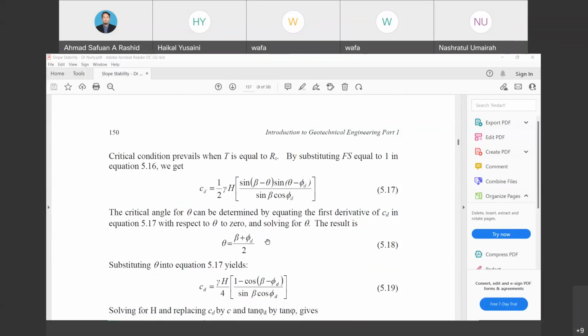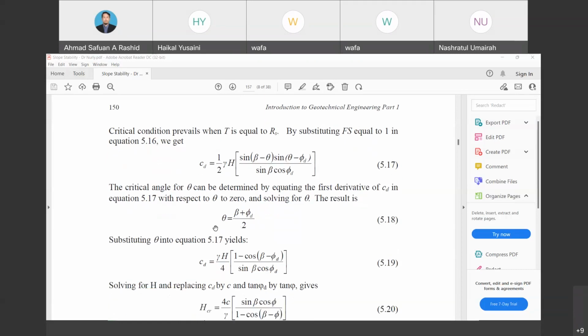So the critical angle theta can be determined by equating the first derivative of CD in equation 5.17 with respect to theta to 0, and solving for theta. The result is theta equal to beta plus phi d over 2. So that is how they determine theta.